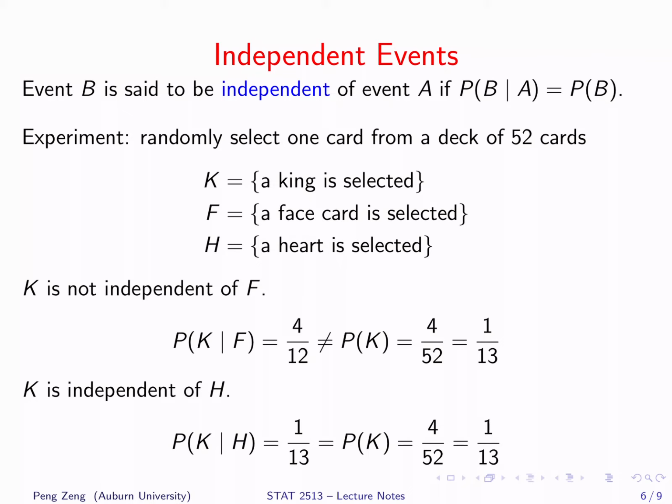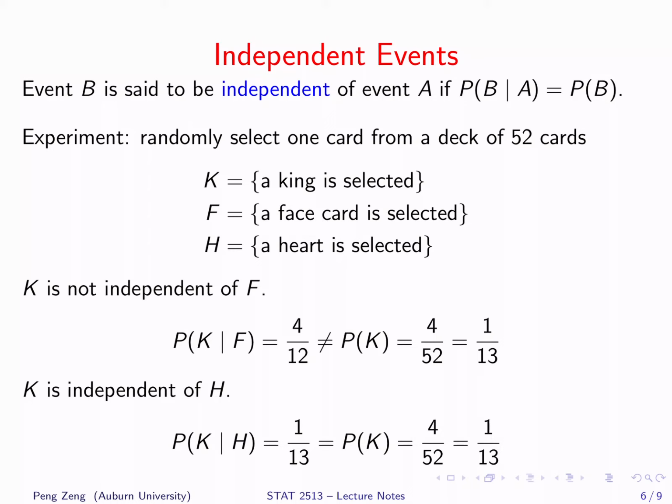Let event K be a king and event F be a face card. Events K and F are not independent. Heuristically, they should not be independent because king is one of the face cards. Let us check it by the definition.